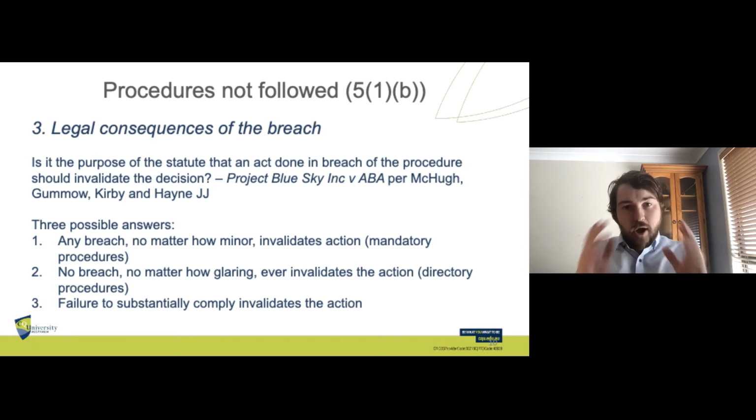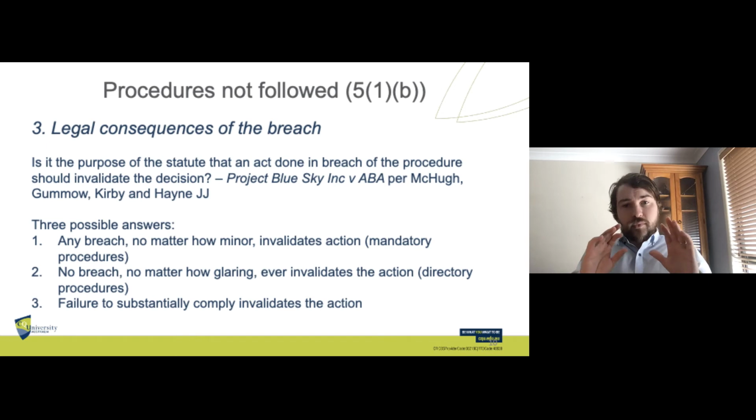But the purpose of the Broadcasting Services Act was such that a breach of 160D was not intended to invalidate a decision. And the court reached that conclusion on the basis that the Act itself was largely policy-based, and 160D was stated in more aspirational terms. It was a goal to aspire to, rather than a hard rule with mandatory consequences.